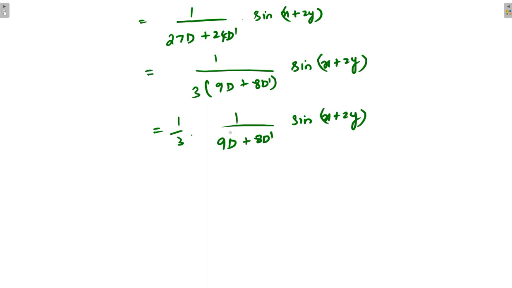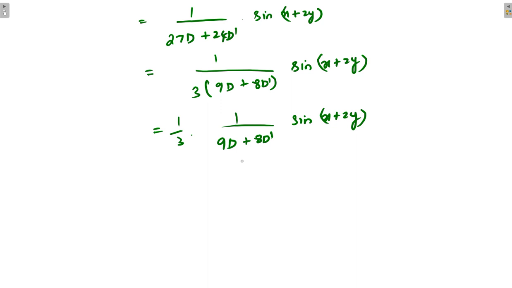Now, in this denominator, D and D dash only are there, but try to make the denominator have D square and D dash like this by multiplying D in the numerator as well as the denominator.